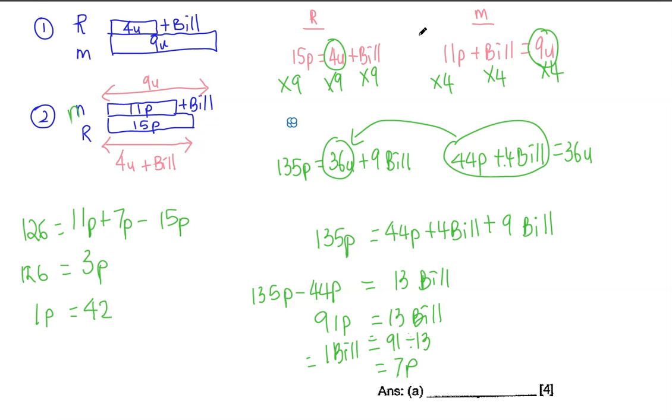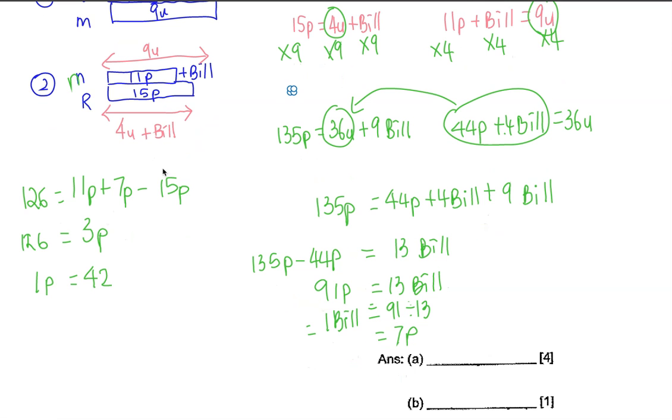$42. And now with this, right, we will be able to find how much was the bill. If we know one part is $42 and one bill is 7 parts, correct? So 7 parts will be 7 times 42. We should get 294.